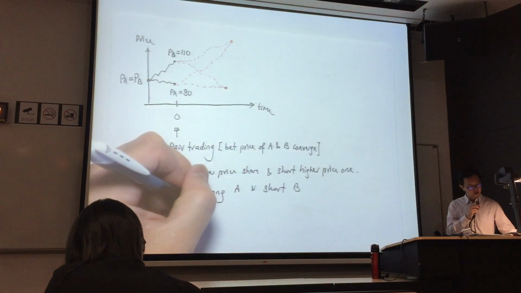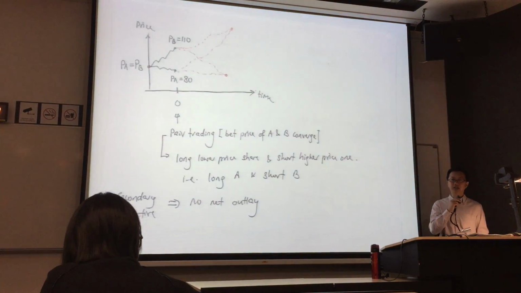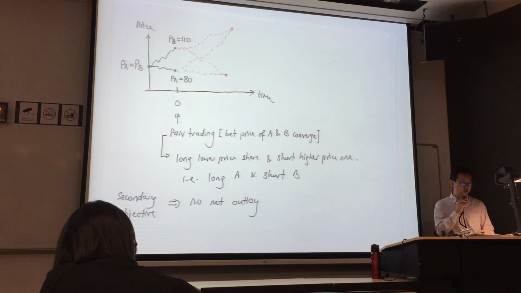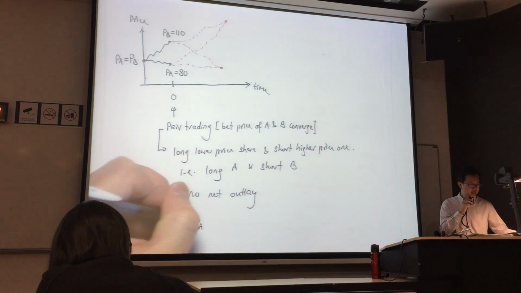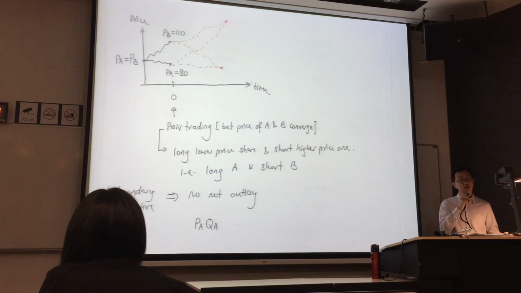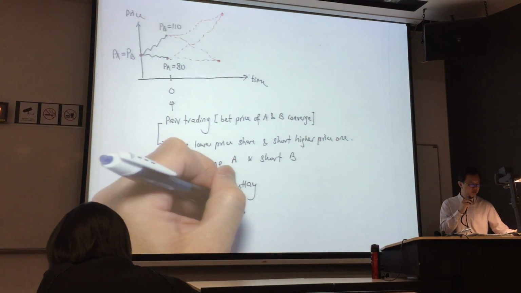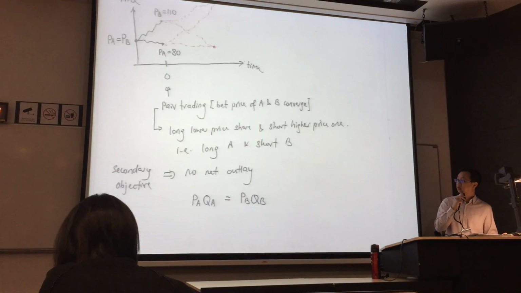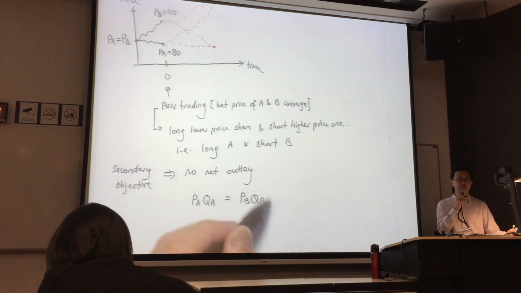No net outlay at all. That means you are utilizing all the short sale proceeds to invest in the other stock. So this no net outlay means that the quantity you buy in A must result in an outlay that offsets against the proceeds that you receive from short selling B. This is the cost of you investing in A. This is the total short sale proceeds arising from short selling of B, right?